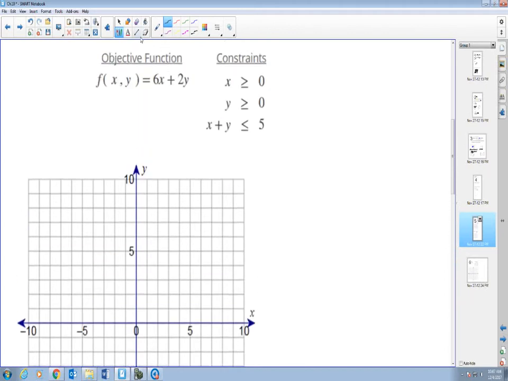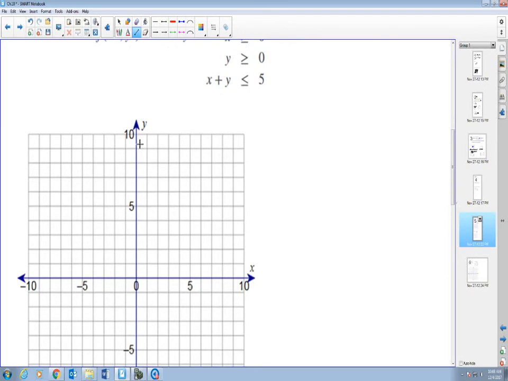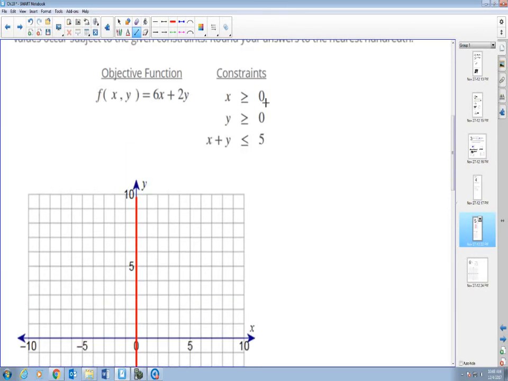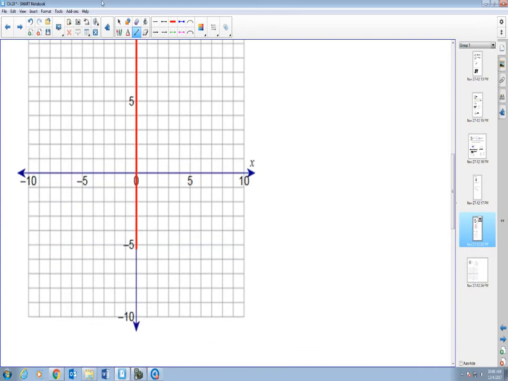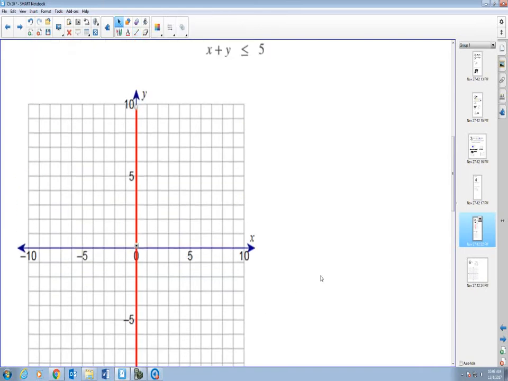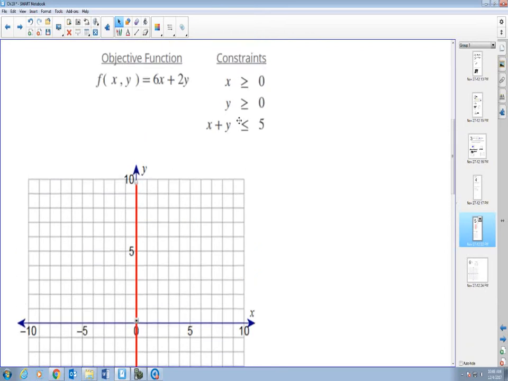So if I graph my first line, I'll use red. Positive x value, so that will be to the right-hand side. Greater than 0 means to the right-hand side of my y-axis. Hold that.